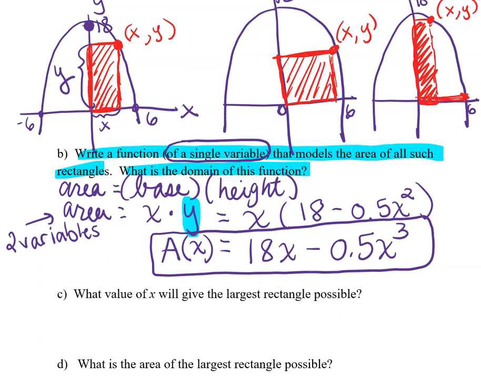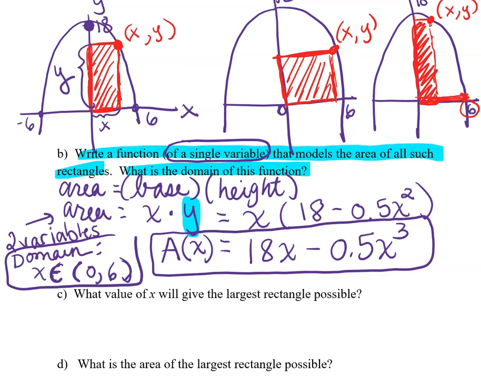Our x-intercept would be necessary for our upper extreme of the context. And if we included 0 or included 6, the issue there is we wouldn't be able to get a rectangle. So I'm going to go ahead and say that the domain in the context of this problem is going to be 0 to 6, not including 0 and not including 6. So this here would be the domain, again, within the context of this problem.